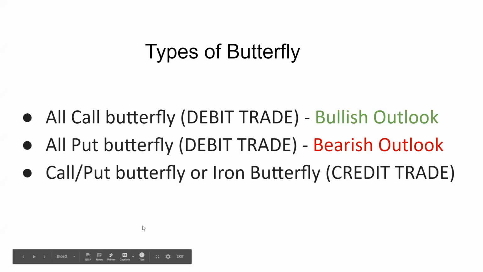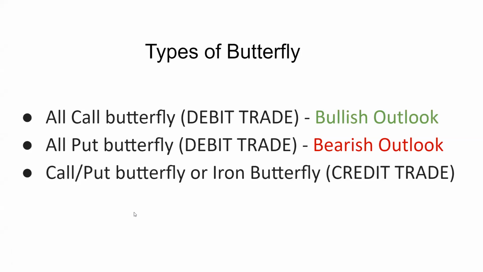All right. So one of the most important things that I see a lot of times traders get wrong is they use all put butterflies when they're trying to put on a bullish trade, or they're using all call butterflies when they're trying to put on a bearish trade.